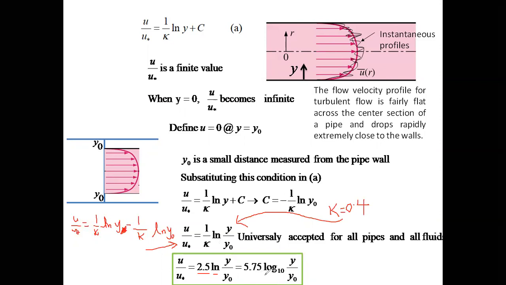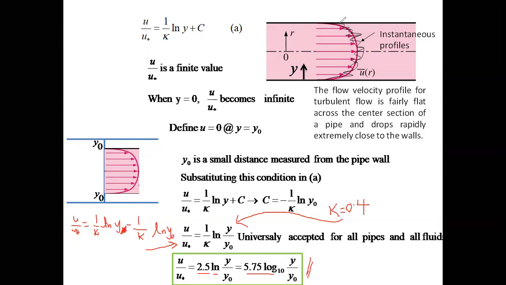If you convert that into log 10, it becomes 5.75 log y over y naught. This is the equation for the velocity profile for the turbulent flow.